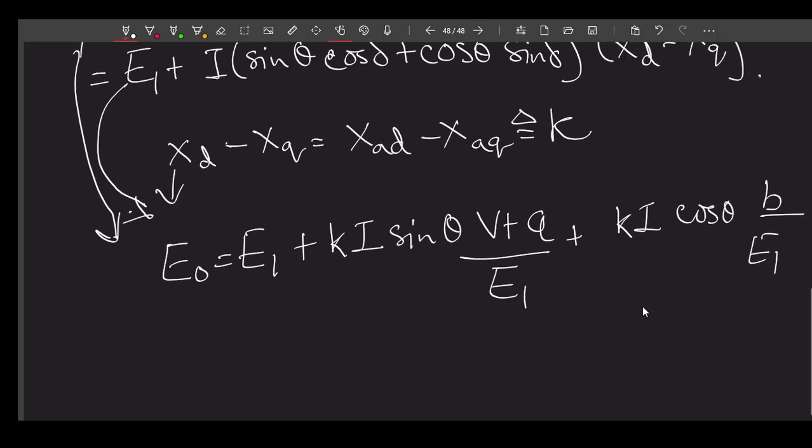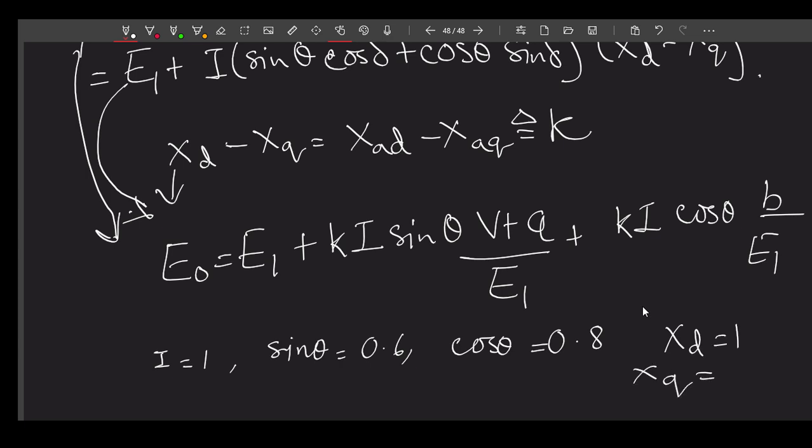So now if we put the values that I is equal to 1, sin theta is equal to 0.6, cos theta is equal to 0.8, xt is equal to 1, xq is equal to 0.8, a is equal to, if you put all these values together, you will get that a is equal to like all this.